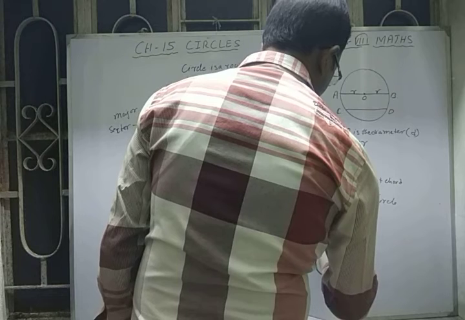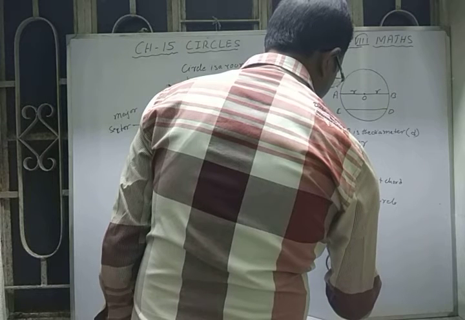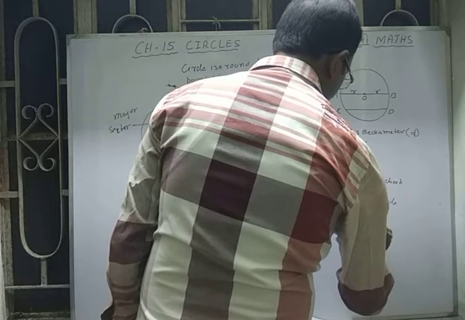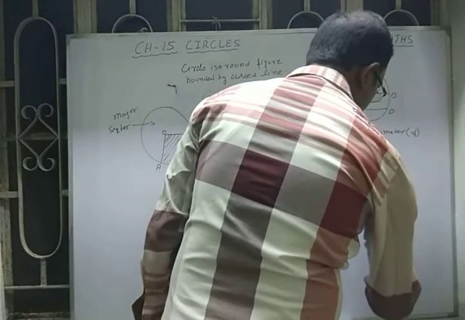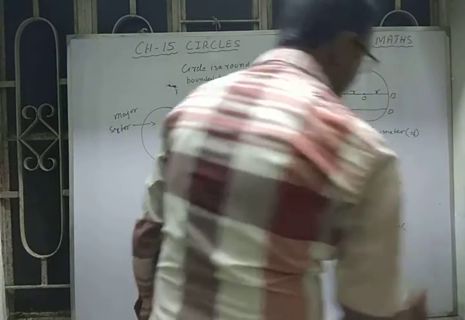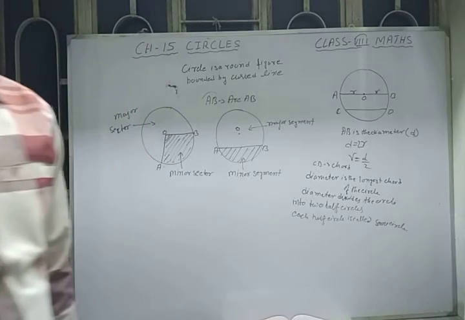Each half circle is called a semicircle. Okay.